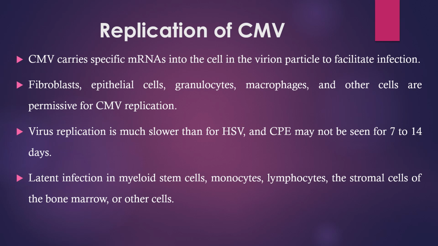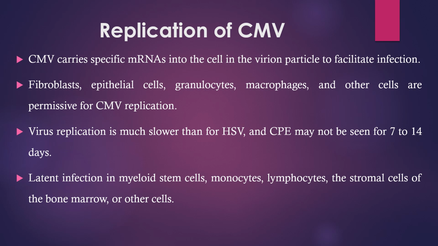Human cytomegalovirus replicates only in human cells like fibroblast cells, epithelial cells, granulocytes, macrophages, and other cells that are permissive for cytomegalovirus replication.